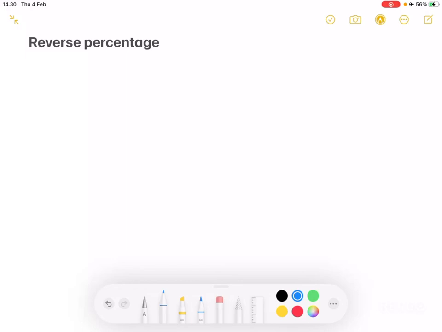So for example, you're given a percentage of a number, let's say R%, and R% of a certain number, an unknown variable, I would say capital A, is, let's say, X. And what we do is you want to find A in terms of R and X, given R and X are already known in the question. So this is the type of a reverse percentage problem.